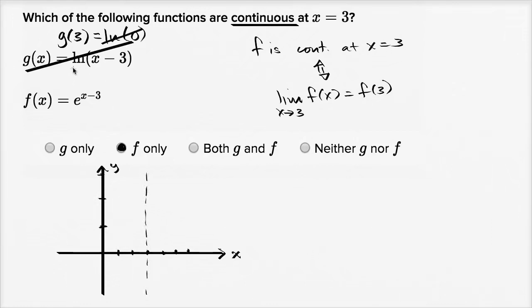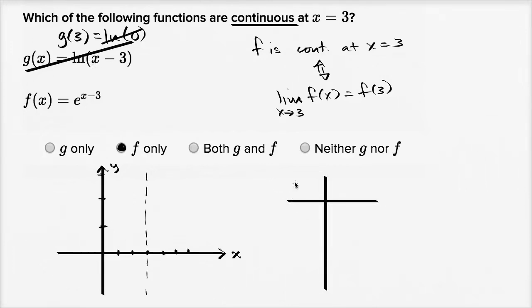So g of x, ln of x minus 3, is going to look something like this. If you put 3 in it, it's not defined. If you put 4 in it, ln of 4 minus 3. Actually, let me just draw a table here. I know I'm confusing you.